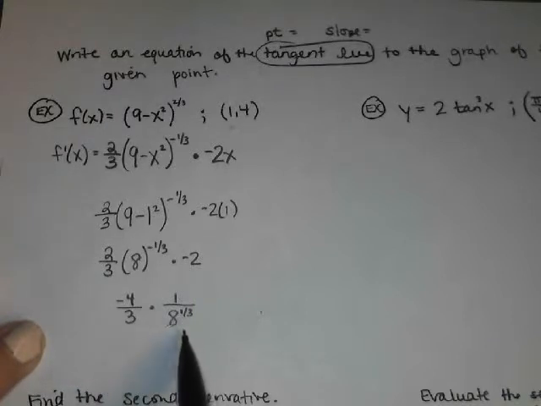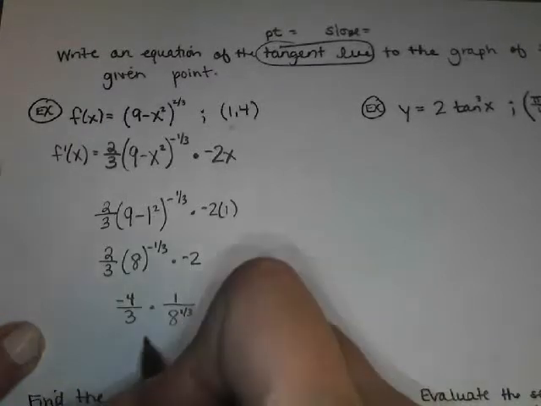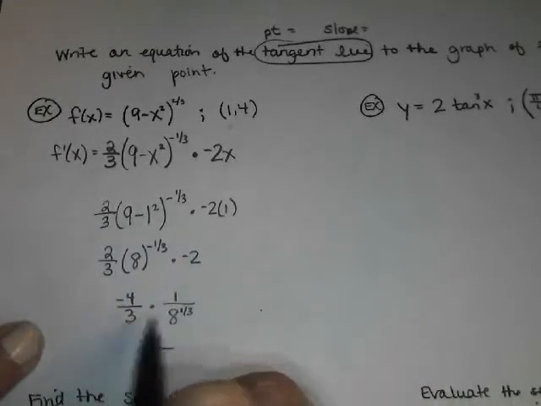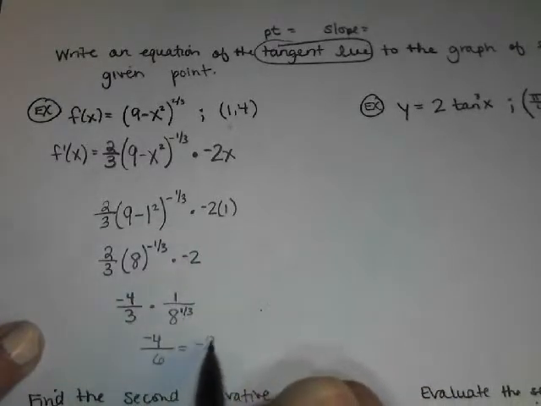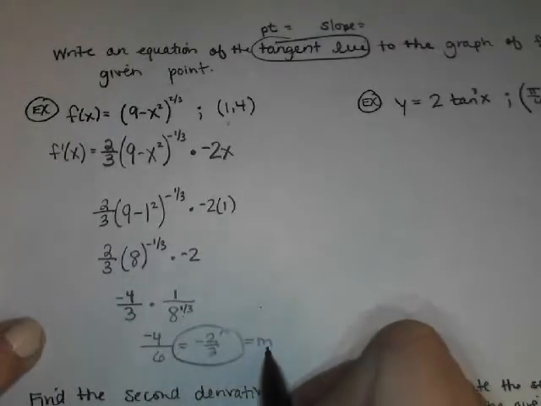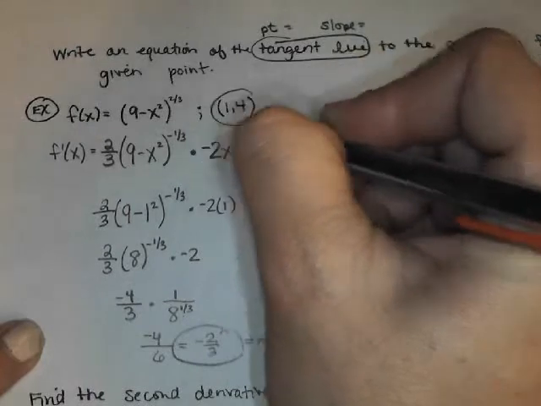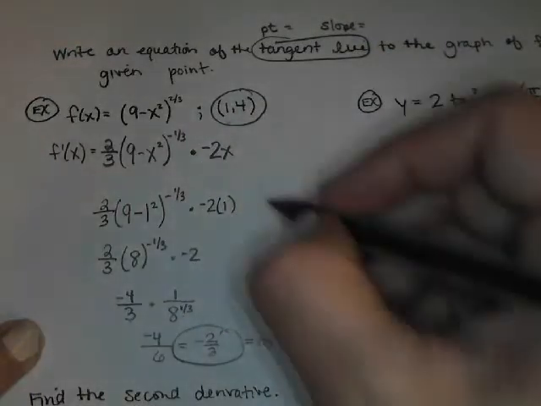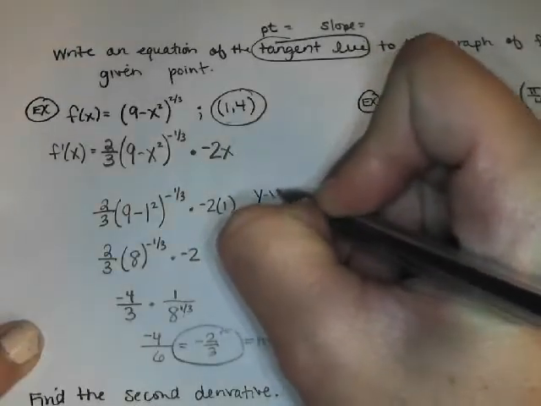It's cubed root of 8, so it's 2. So it's negative 4 over 3 times 2 is 6, which is negative 2/3. And that's our slope. And we have our point. So we'll just write the equation of the tangent line using our point slope formula.